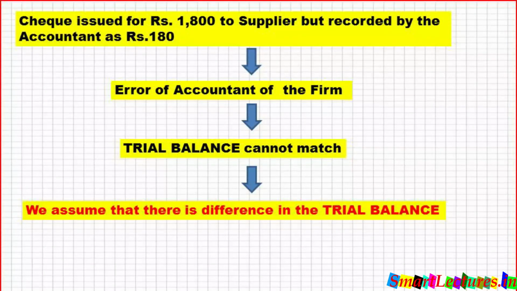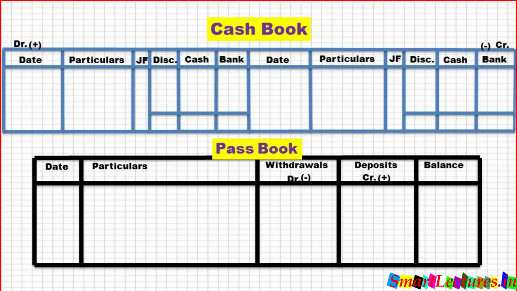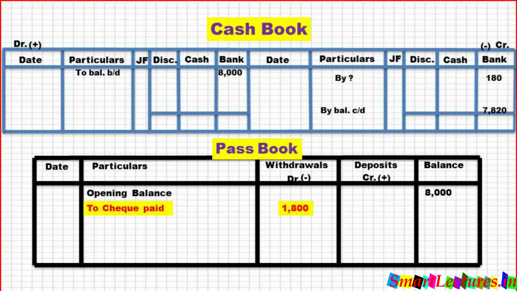Anyhow, let's look at the cash book: opening balance 8000, by check issued to party 180, closing balance 7820. But in the passbook, opening balance 8000, to check paid 1800 on the minus side, and the closing balance is 6200.